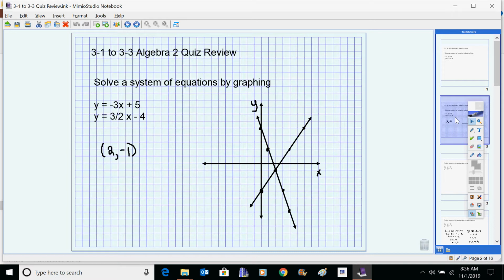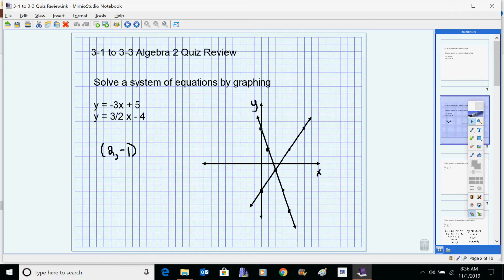Okay, so when you graph, starting for this one, we'd start at -4, and then the fraction up 3 over 2, up 3 over 2, up 3 over 2. It does have a positive slope, so once you've made your graph, just double check to make sure that you've done that.